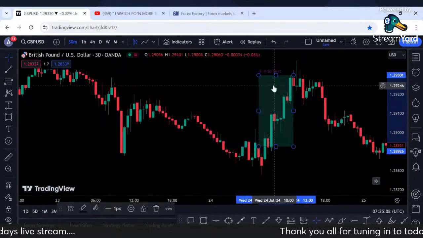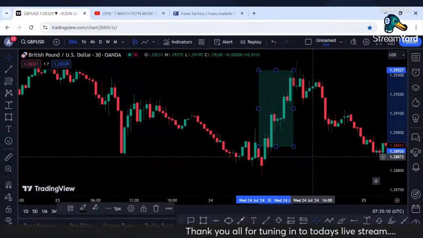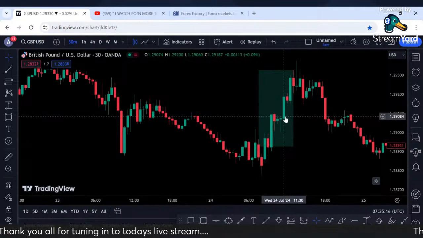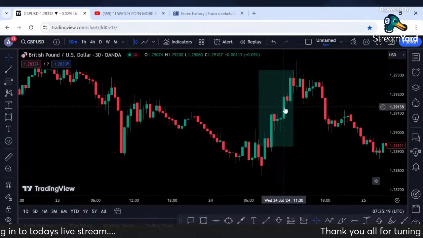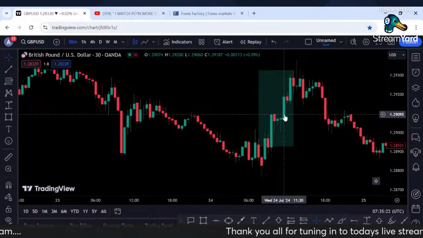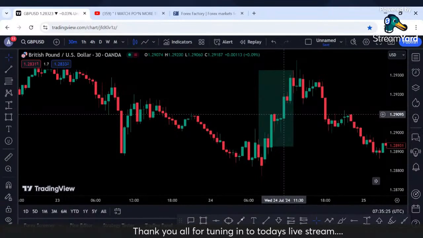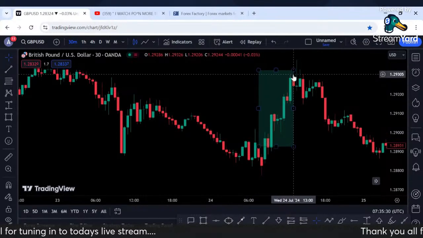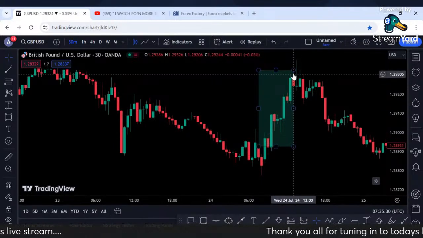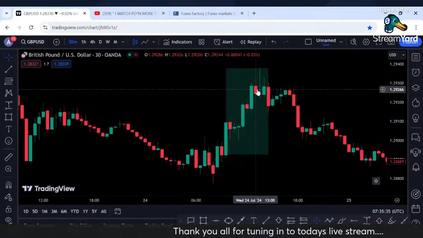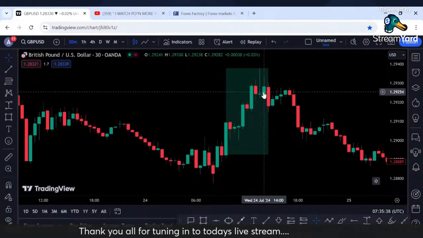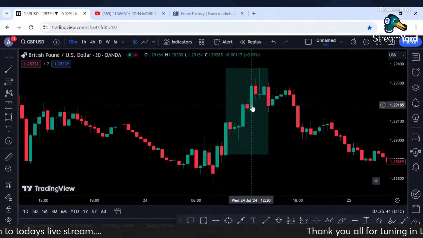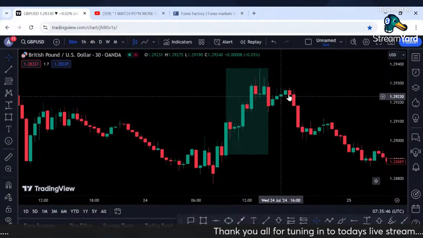Are you using phone or laptop? So you see the time beneath where the date is. When you point the cursor on the candle, you see the time beneath. 9 p.m. You were trading around 9 p.m. You said 24th.